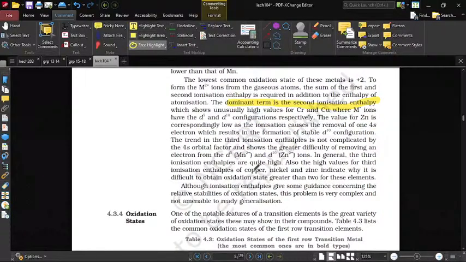In general, the third ionization enthalpies are quite high. The high values of third ionization enthalpies of copper, nickel, and zinc indicate why it is difficult to obtain oxidation states greater than +2 for these elements. Although ionization enthalpy gives some guidance concerning the relative stabilities of oxidation states, this problem is very complex and we are unable to generalize it.